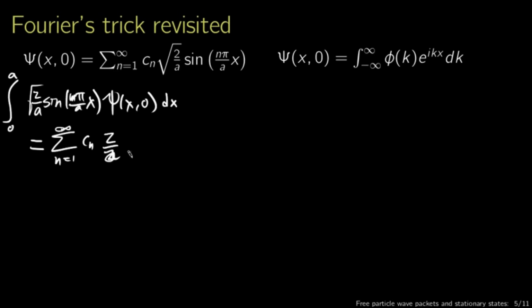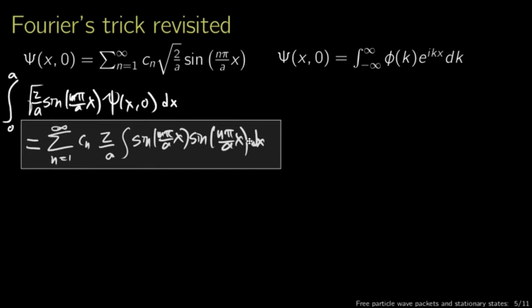And what we're left with inside the integral is sine of m pi over a x times sine of n pi over a x dx. So that was our expression.